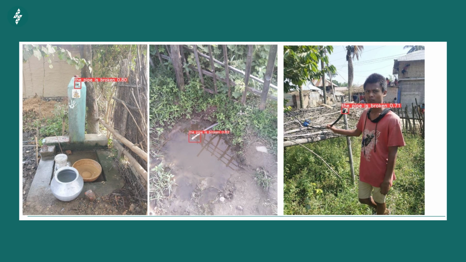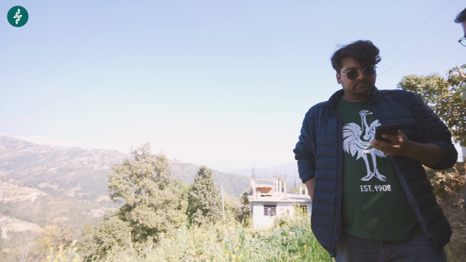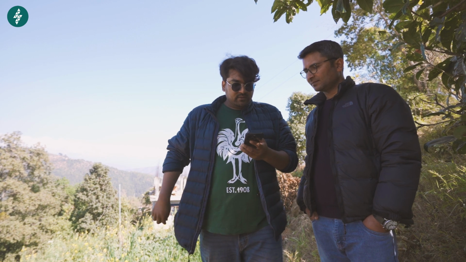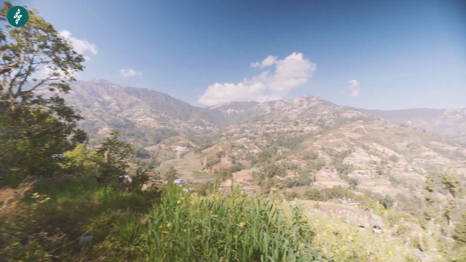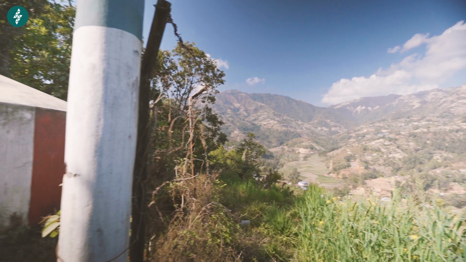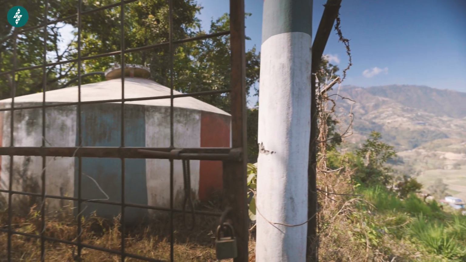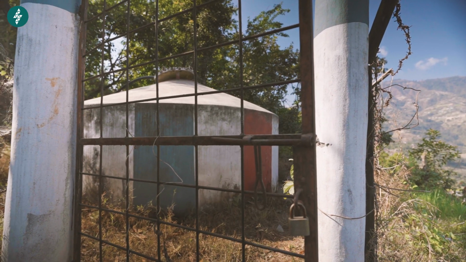On the other side, we used our AI model to identify the same problems and the same objects. What we found was that, in identifying objects, the model was equally capable as a human WASH expert. In identifying problems, it was even better compared to the human expert.